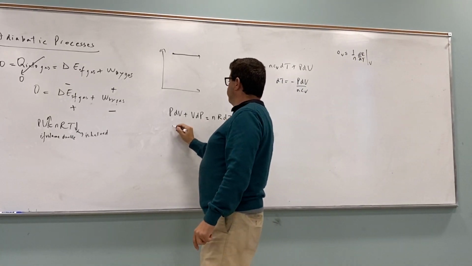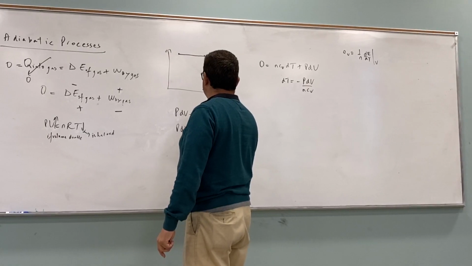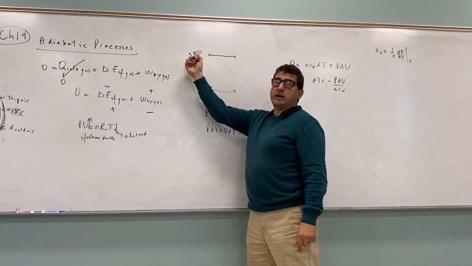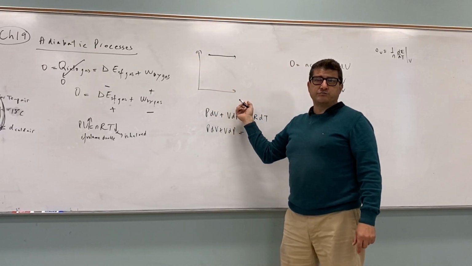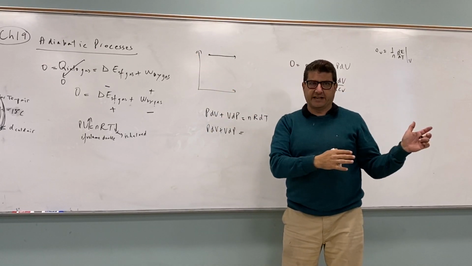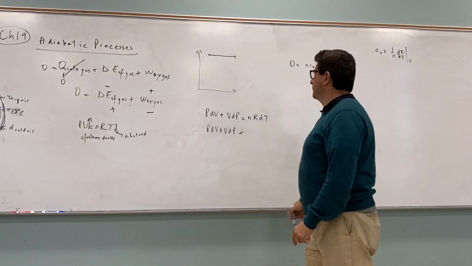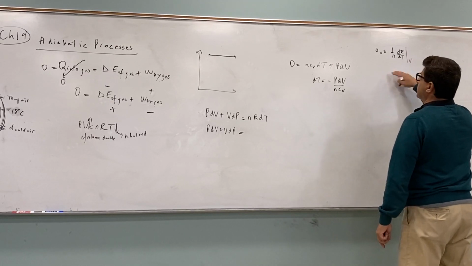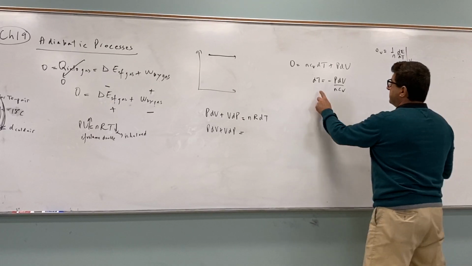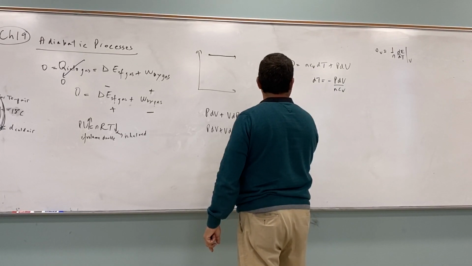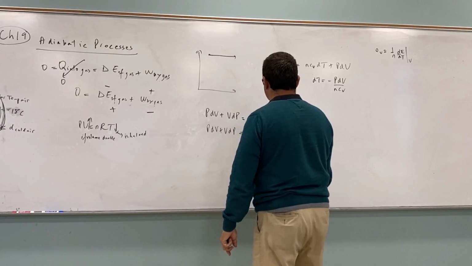Let me see. Why did I solve for dT? Because if I want to know how the pressure changes as volume, I want to get rid of T as a variable. I want to get rid of T from the situation. So get rid of T by solving for dT, putting it in here. Then you have nR times negative PdV over nCv.